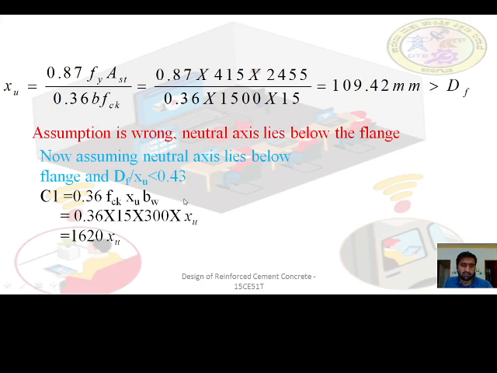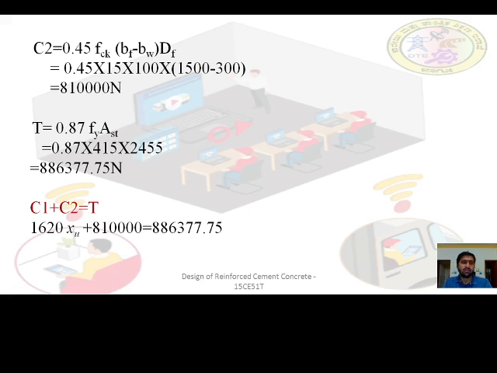C1 is given by this term. Here XU is unknown, that term will remain. Once again I am telling, FCK is 15, width of the web is 300. I will substitute and multiply. Here capital X symbol represents multiplication, don't confuse, because I can't write the term continuously. So C1 will be coming as 1620 times the XU.